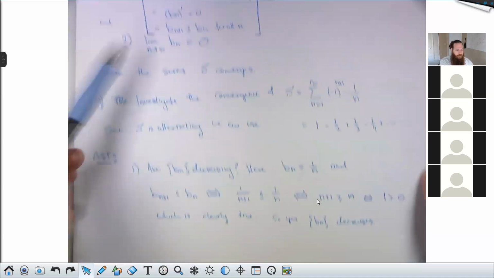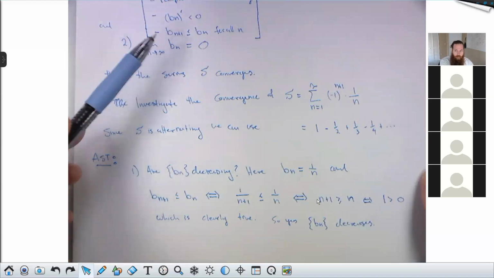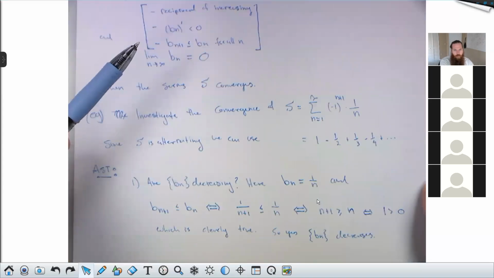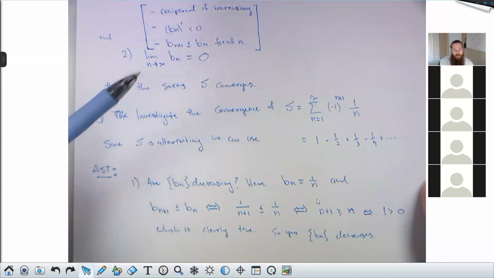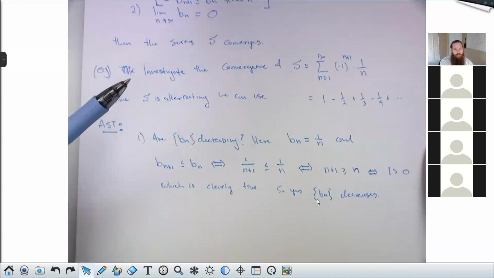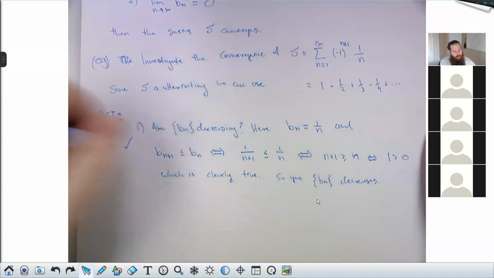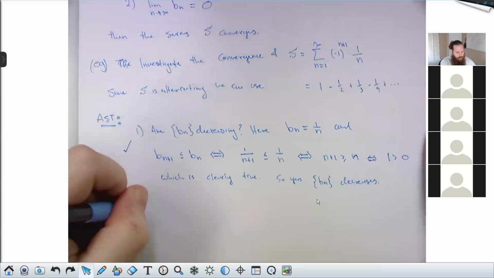Okay, alternately, you could have taken the derivative. The derivative of 1 over n is negative 1 over n squared. That is always negative. Or you could have said that 1 over n is the reciprocal of n, and the sequence n is clearly an increasing sequence, so 1 over n has to be decreasing. In any case, we're satisfied with item 1.